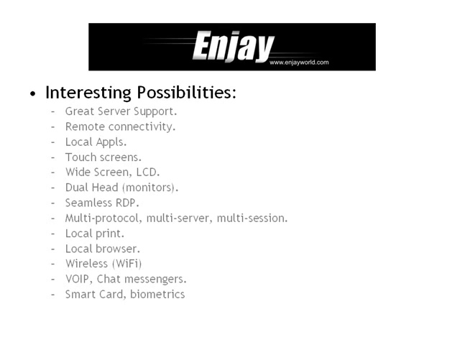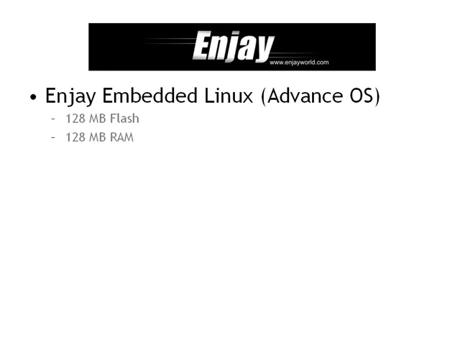Local printing support. Local browser, with all the plugins. Completely secure wireless support. VoIP, Skype. Chat messengers like MSN, Google, Yahoo supported. Smart card reader, biometric device support. A detailed introduction to Enjay Embedded Linux Advanced Operating System.